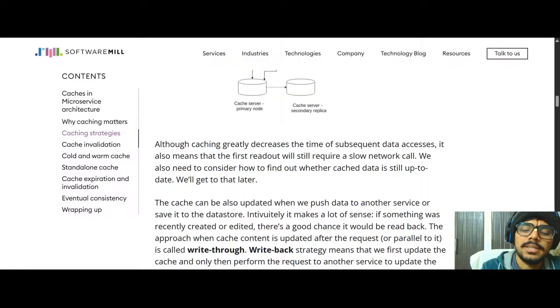For monolithic, we had static and dynamic caching methods.